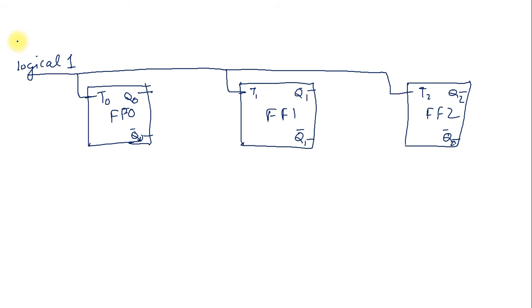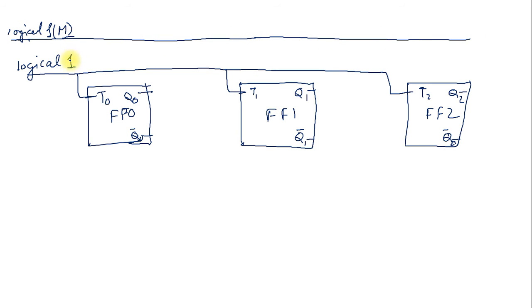I can consider another input, that is M and M complement. So I take a logical 1, another logical 1, and that is M. One is M, another I will add one NOT gate with this, and this is M complement.